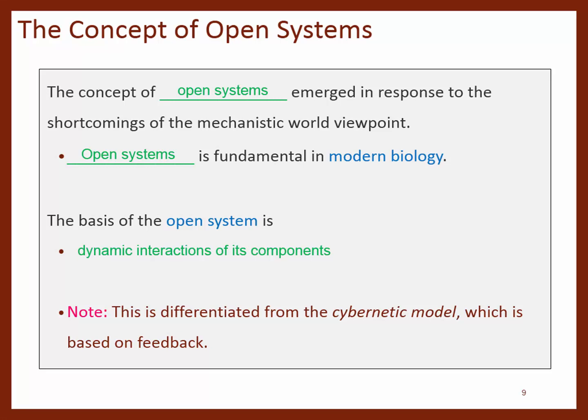So it's not just understanding the pieces or the subsystems, systems, parts, but also understanding the interaction between them. This is differentiated from the cybernetic model, which we're going to talk about in a few minutes, which is based only on feedback.